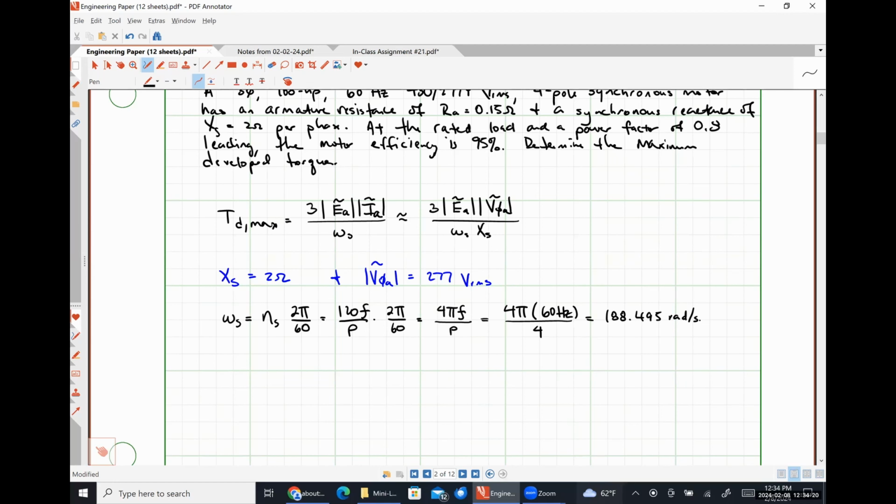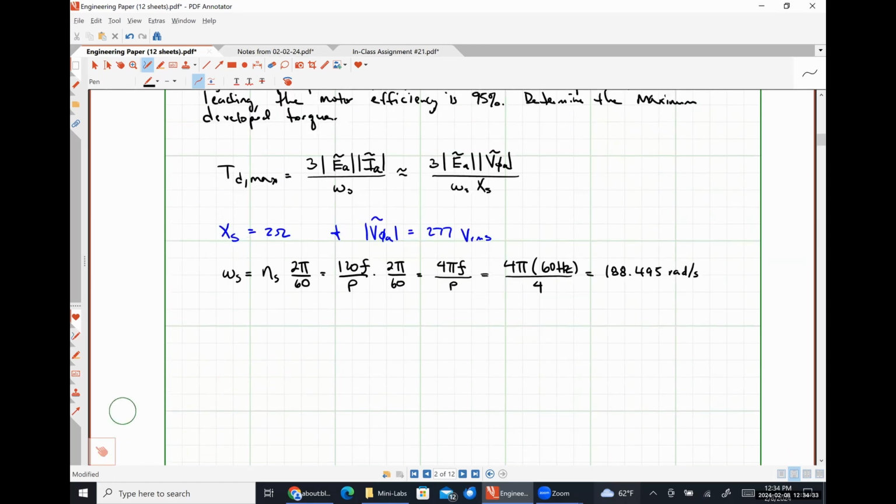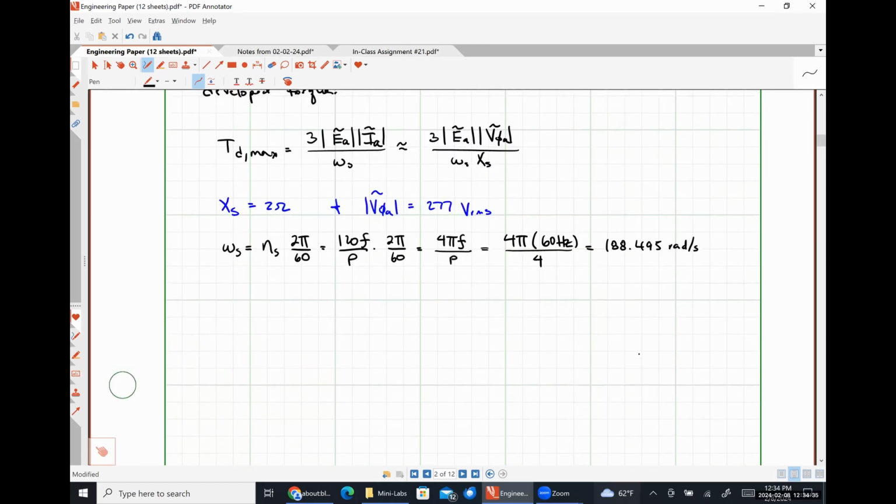So now the only thing that we're missing is the magnitude of our induced voltage, E_A. In order for us to figure that out, we're going to have to look at the equivalent circuit of our motor, right? Particularly, we're going to have to look at the stator side of things.